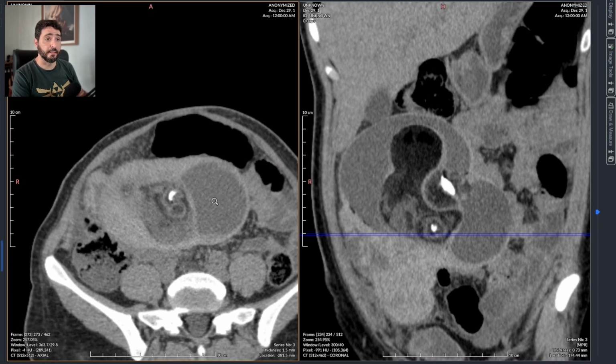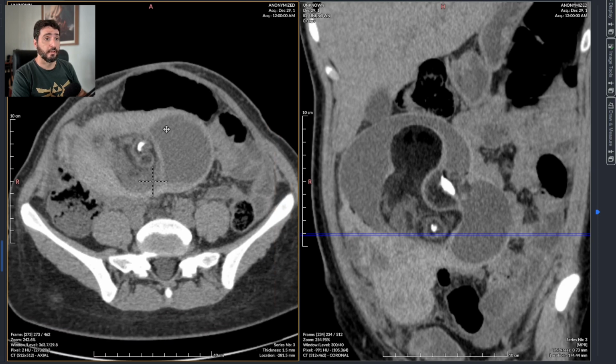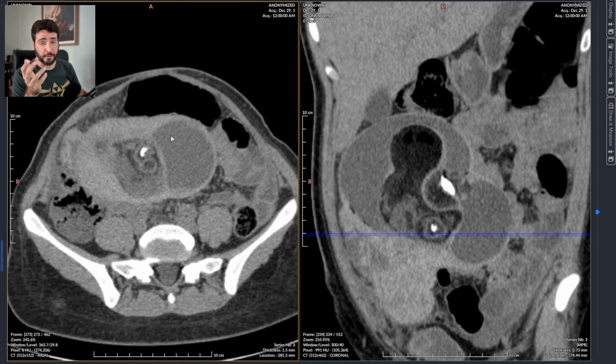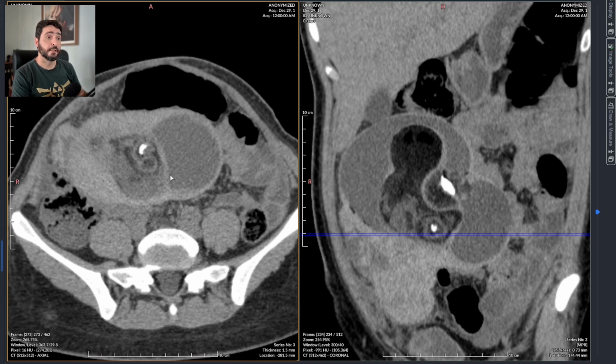This is a germ cell tumor, a tumor usually originated from the ovary that has all the fundamental components of a human body. It has adipose tissue, soft tissue like muscle and hair, and it has liquid fluids of all kinds, oleous components, and it has calcified components.